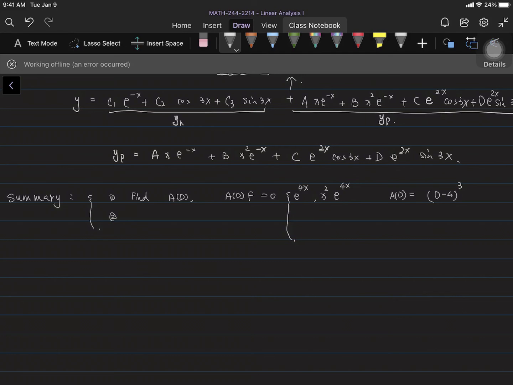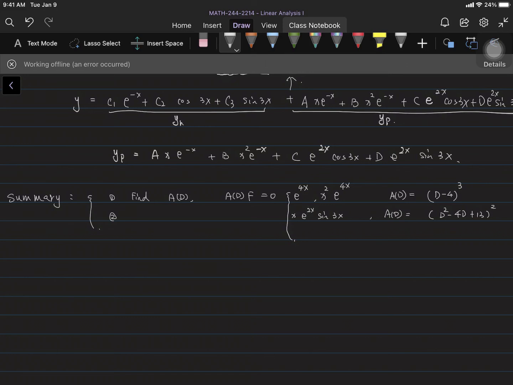And second case, if we have e to the 2x sine 3x, this kind of thing, and I'm going to add x in front. What is AD? AD equals D squared minus 4D plus a squared plus b squared, 4 plus 9, 13, and because we have x in front, so square.